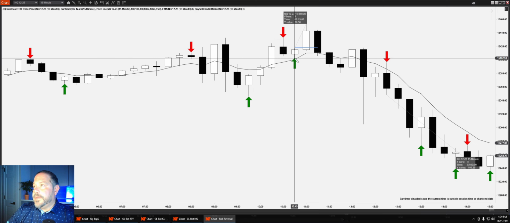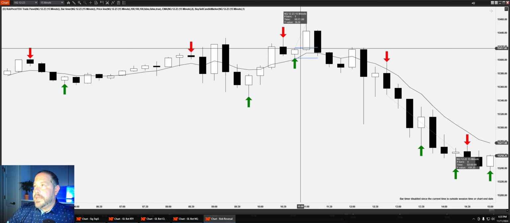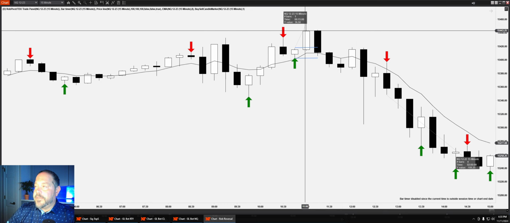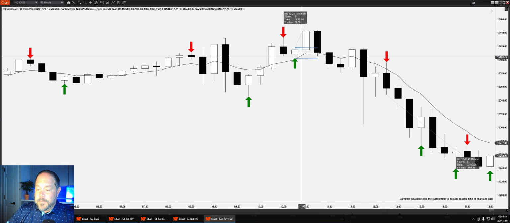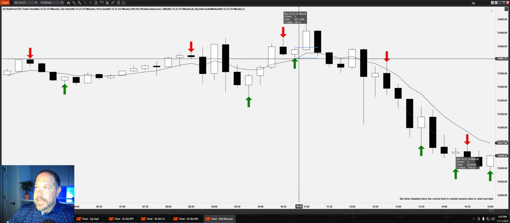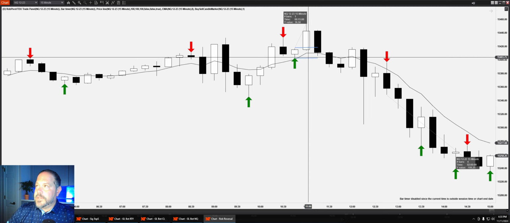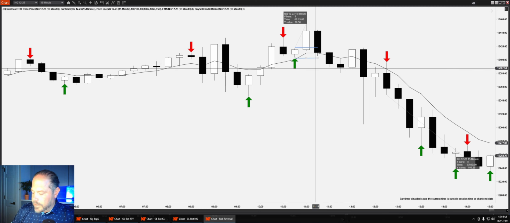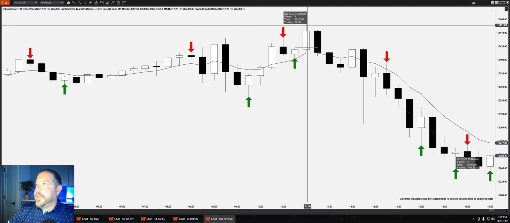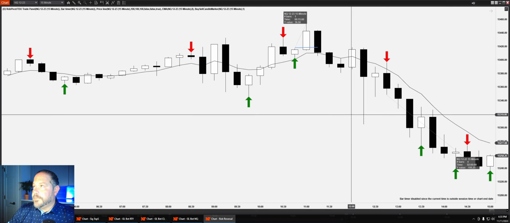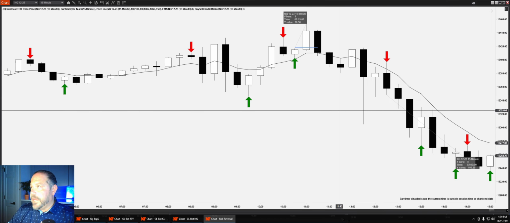My entry is right here. I'm looking for 35 points and I'm risking 15 points. Now, if this candle got to be like 50 points, I would go 35 to 35. Just so you guys all understand exactly how I'm trading it. So right there, you would get 35 points. No problem. Easy trade. First candle.